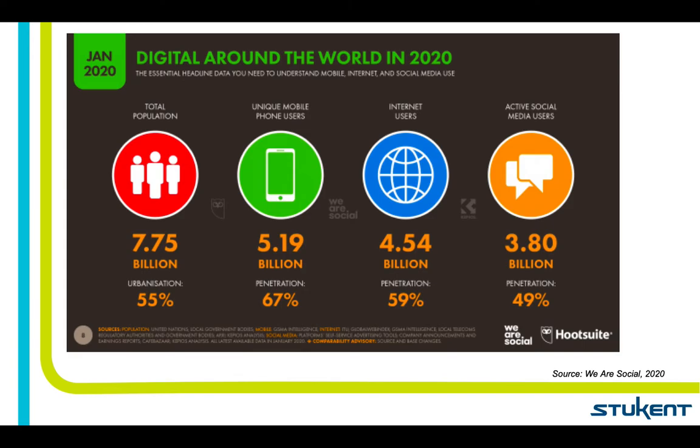Almost 5, so 4.5 billion use the internet. And almost 4 billion are active social media users. So over half the world's population uses the internet. And by the start of 2020, this active social media users amount reached almost 50% of the world's population.